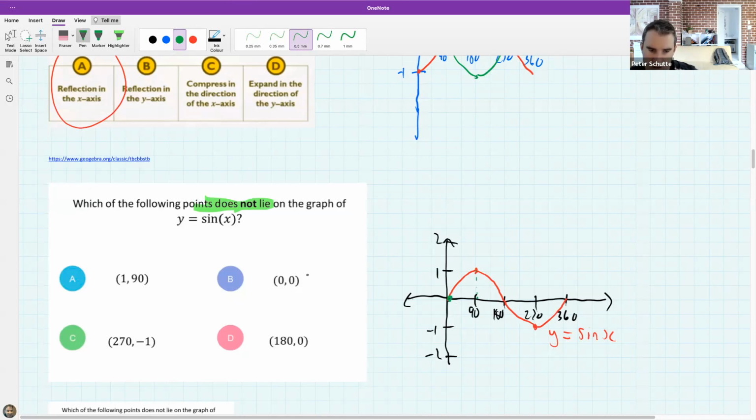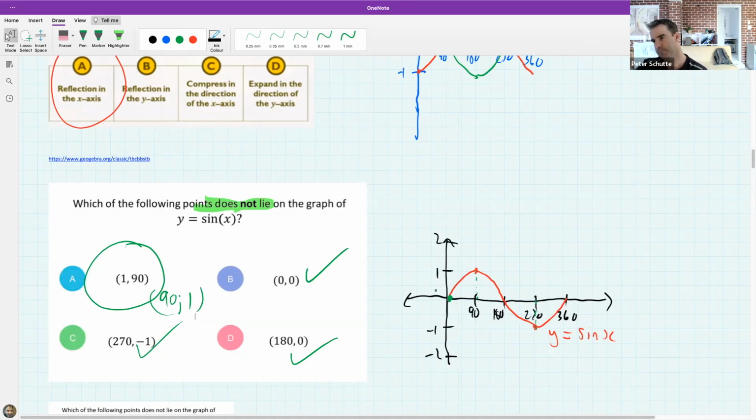So 0, 0 is fine. 270, -1 is fine. 180, 0 is fine. The incorrect one is this one, because actually that should have been 1, if you look at that. Yeah. Awesome, awesome, awesome.